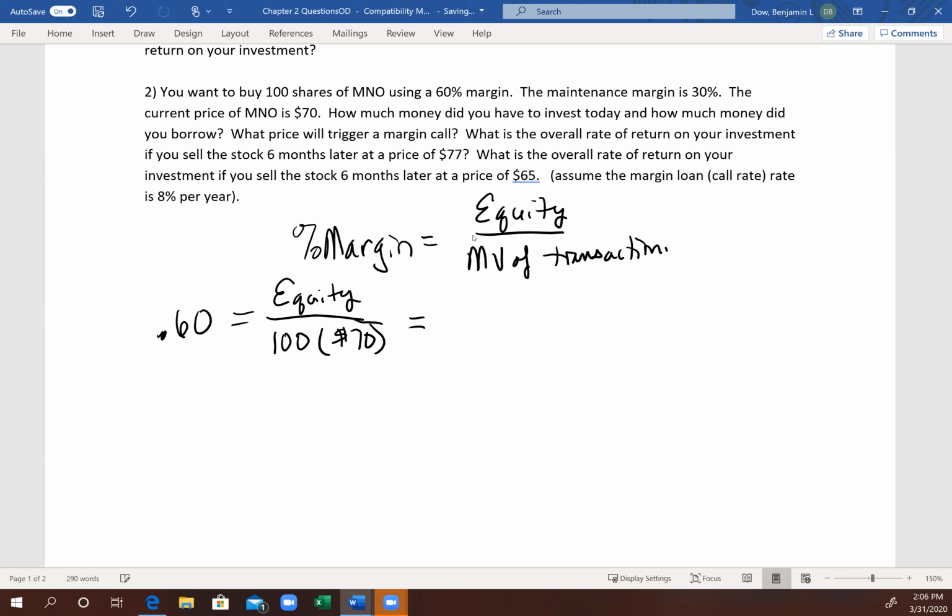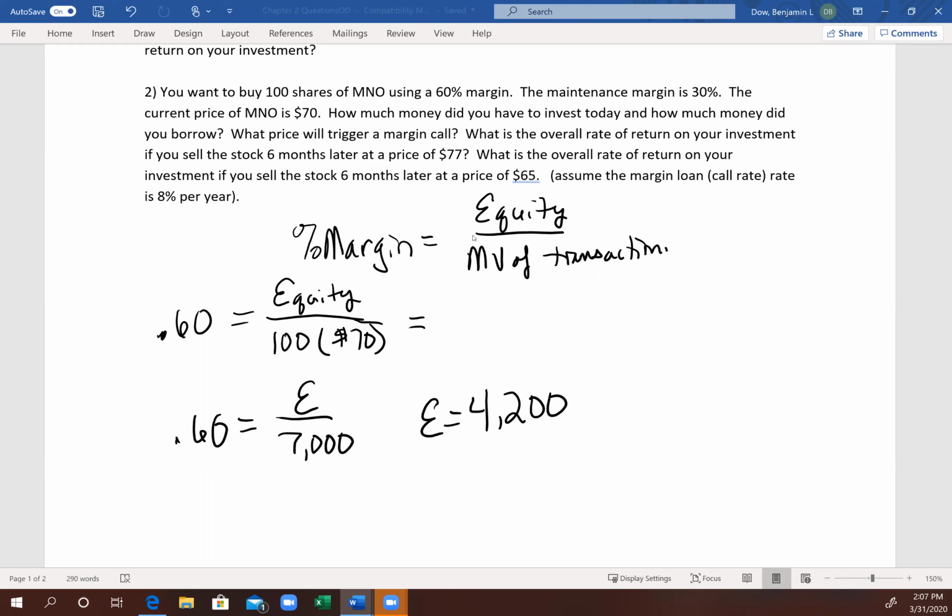So if we look at that, we can figure out that the equity position is 60% of 7,000. So what's 60% of 7,000? Well, if we solve for E, E is equal to 4,200. Okay. So what does that mean?